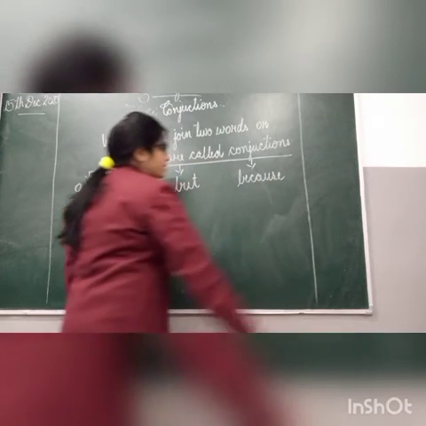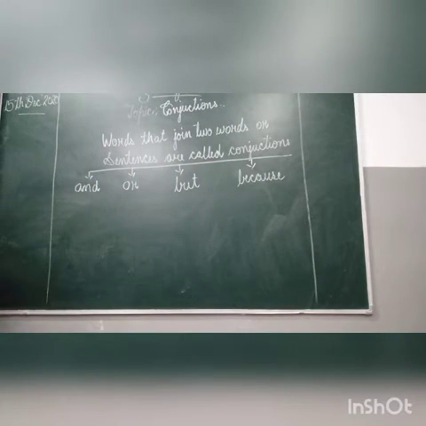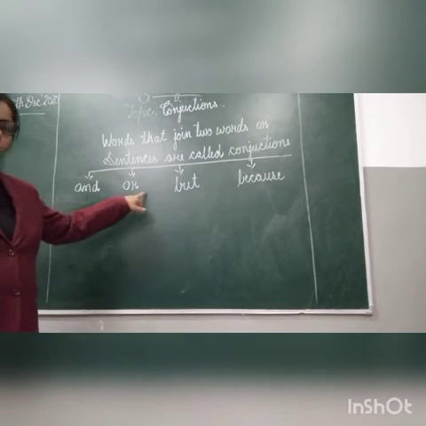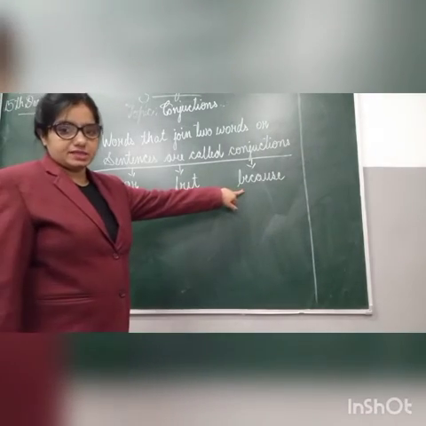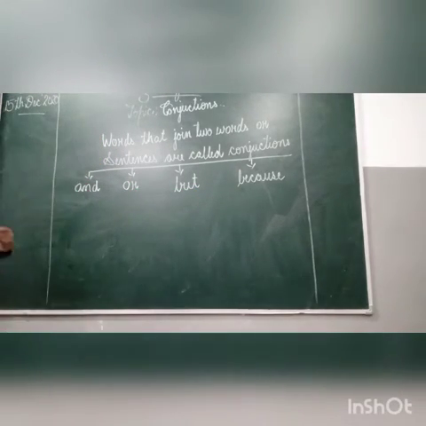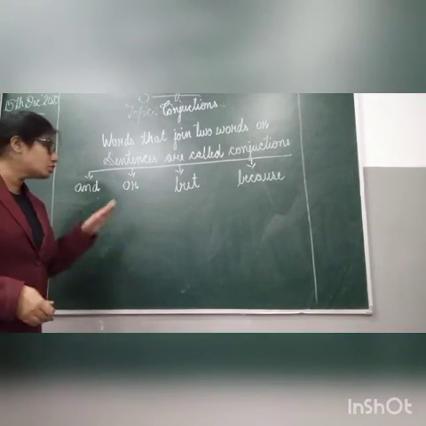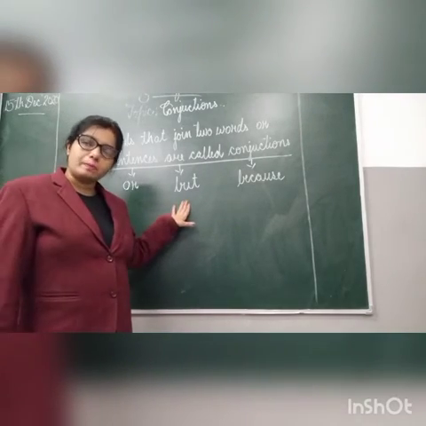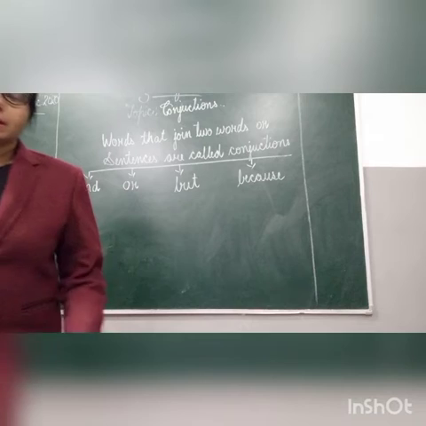So in class 3 you will learn 4 conjunctions: and, or, but, because. These are 4 conjunctions. Now the thing is, where do we use and, where do we use or, where do we use but, and where do we use because.